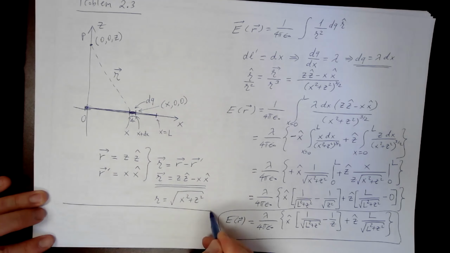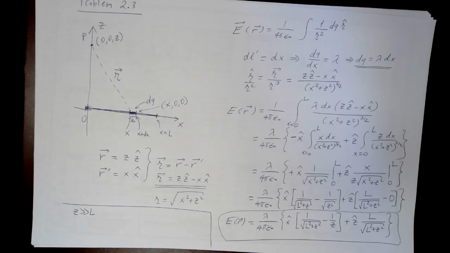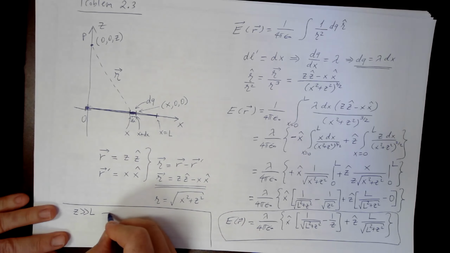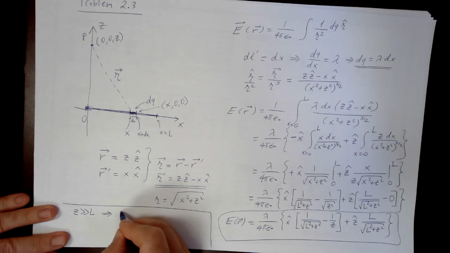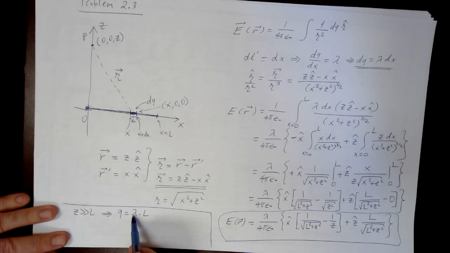So if z is much greater than L, then the entire charge, a total charge of, say, Q, is going to be lambda times L, right? This is the line charge per length, a total length of L. This is the total charge.